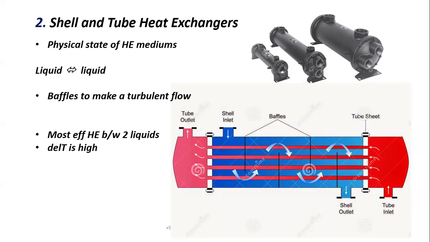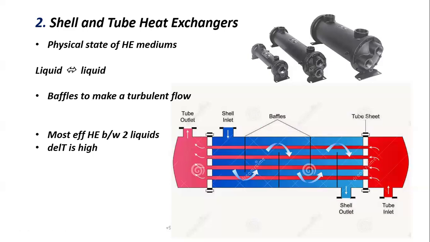That's it. So this is a very simple arrangement, guys. Symbolically, you will have a shell arrangement. So shell means that you'll have a shell inlet and a shell outlet. And in between the shell, you've installed your tube arrangements.